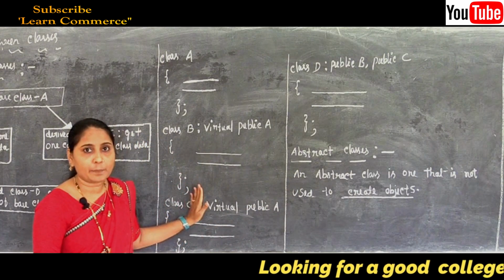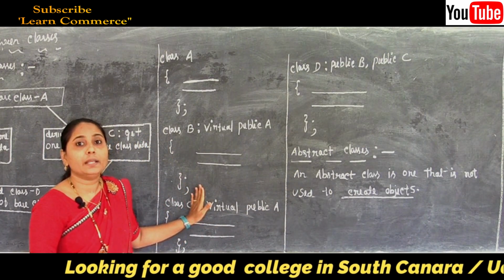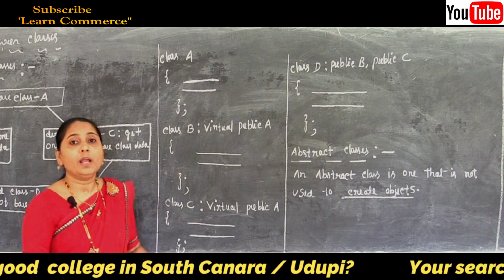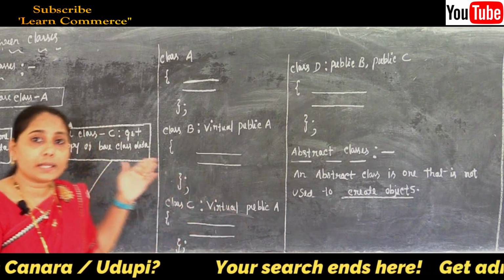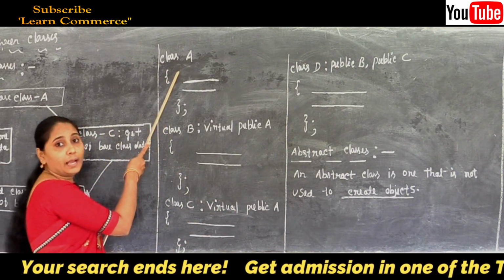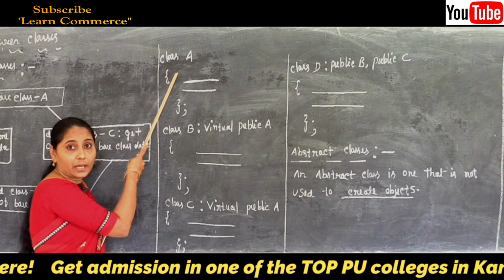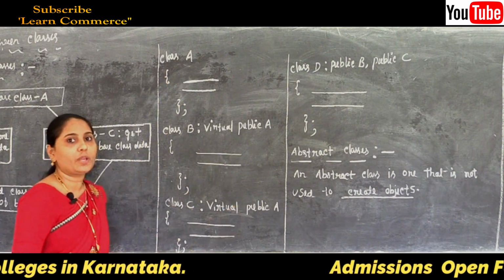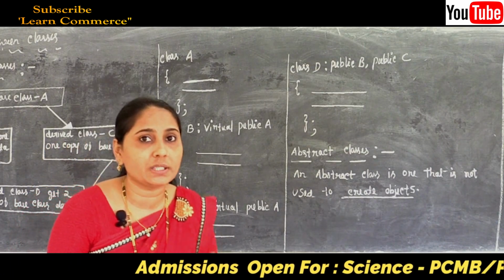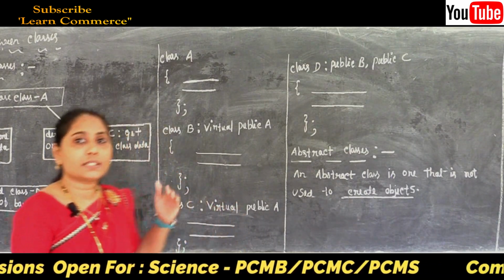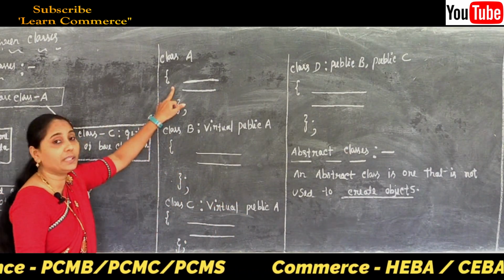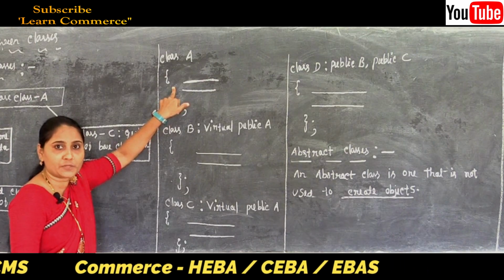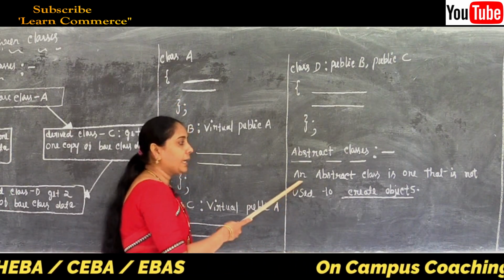So in this example finally we can say that class A is an example of an abstract class. What is the meaning of an abstract class? By using class A, since such a class is not used to create objects, it is an abstract class.